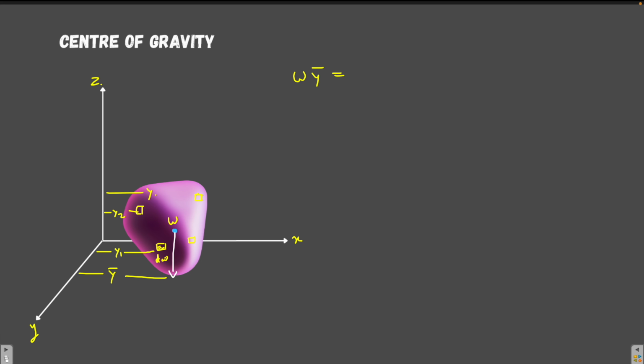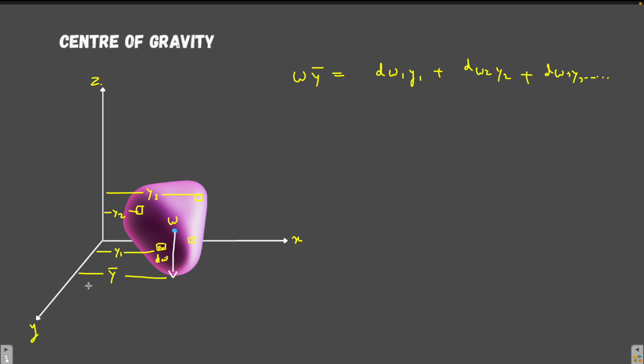So these are the distances of the small elements from the y-axis. So if we do dW1 into y1 plus dW2 into y2 plus dW3 into y3 and so on, we'll get exactly the same thing as the moment of the entire weight of the body at a distance Y bar from the y-axis.